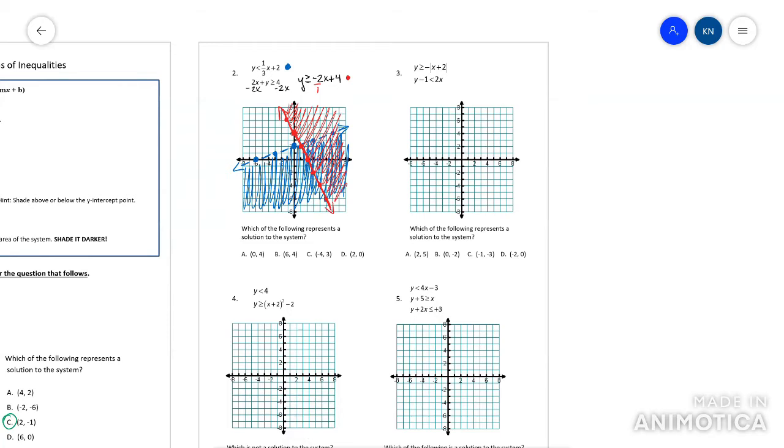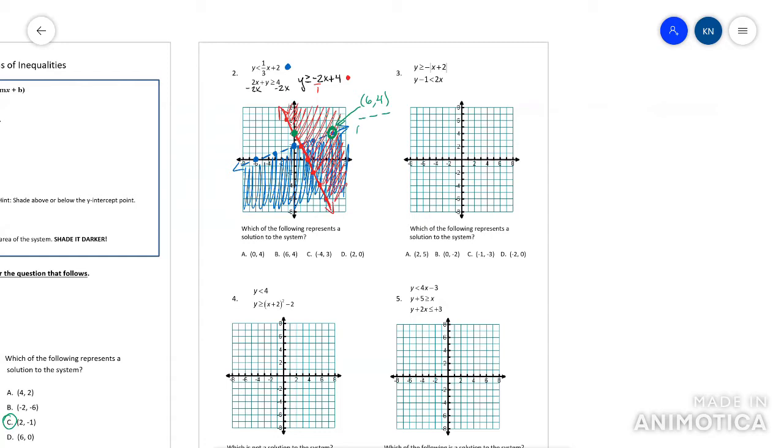So which is a solution to the system? 0, 4 would be here. That's not in the double shaded portion. 6, 4 is here. Now this 6, 4 dot right here is on a dotted line.